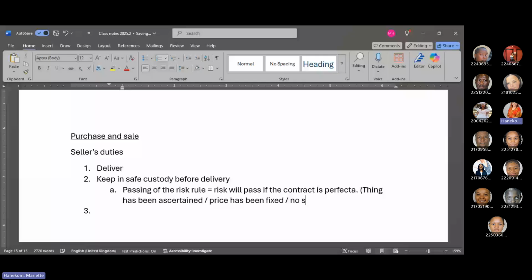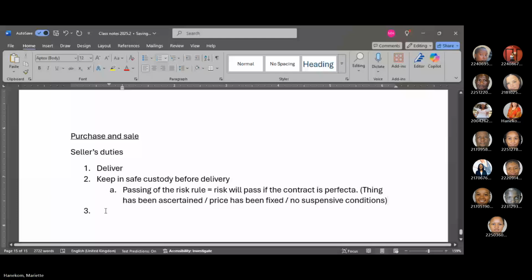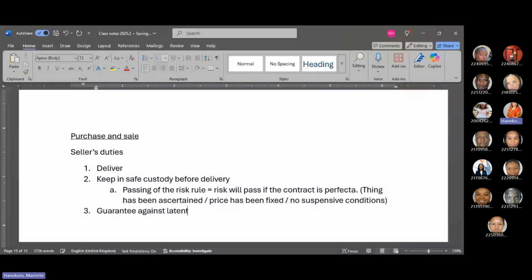Then there's another duty of the seller, namely to guarantee against latent defects. This is not the sequence that's in the study guide.